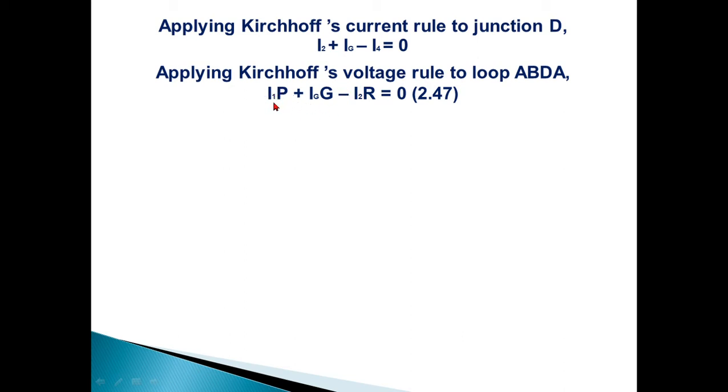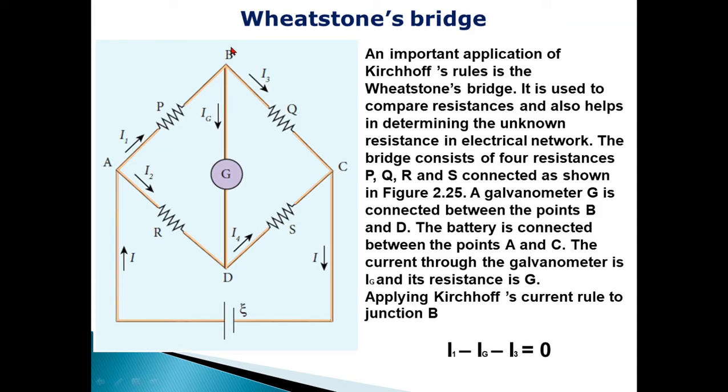Why put this minus sign? Because clockwise direction is considered positive, anti-clockwise direction is considered negative. I1 and Ig are in the clockwise direction. I2 is in the opposite direction, that means anti-clockwise.